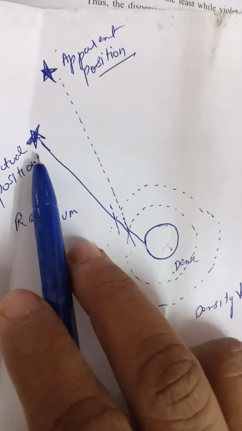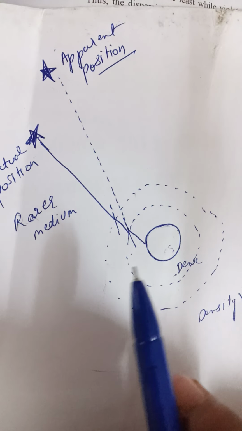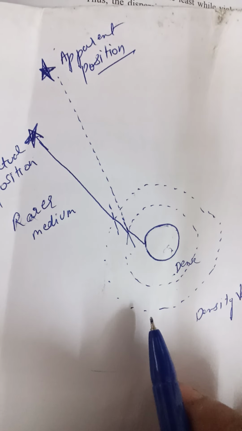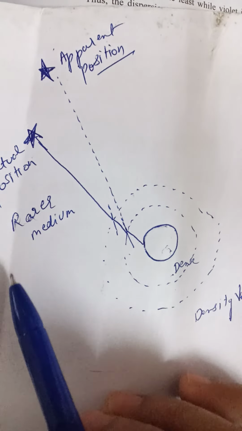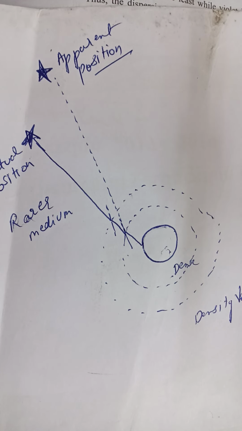Actually it is not twinkling, but when the light is falling on the layers of the atmosphere, at each layer there is bending of the light. So due to this bending, the stars appear to twinkle. This is the mechanism for the twinkling of the stars.